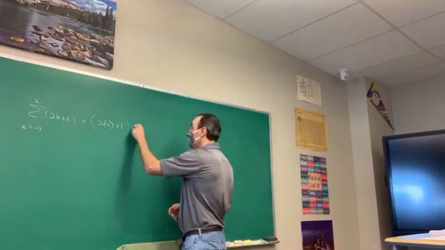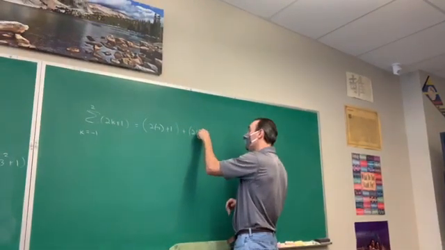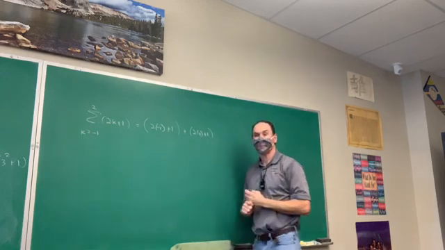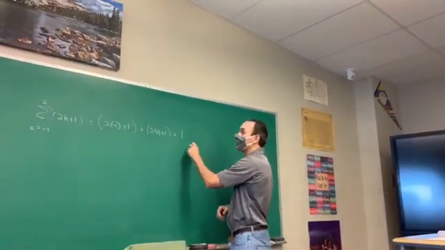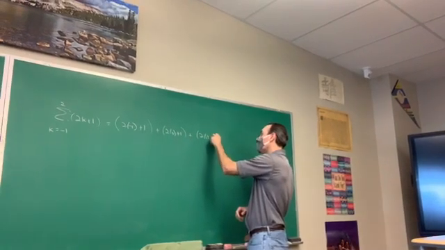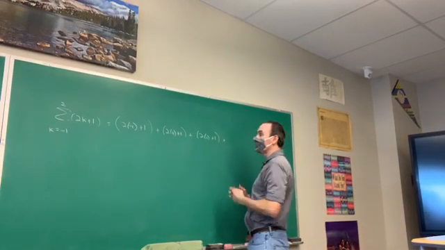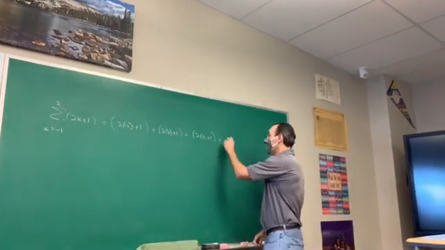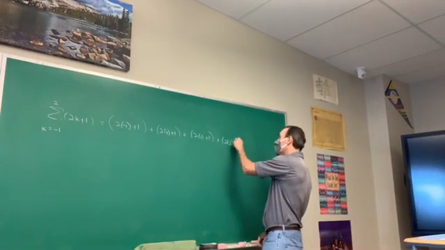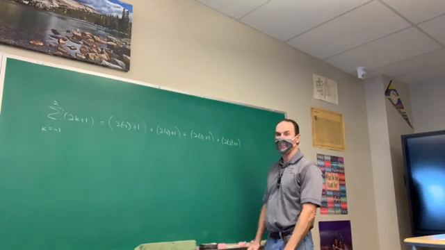Plus, and we include 0, so it's going to be 2 times 0 plus 1. Plus, and then we get 2 times 1 plus 1. Plus, and then the last one, the upper limit is 2, so that's the last one we plug in, 2 times 2 plus 1.